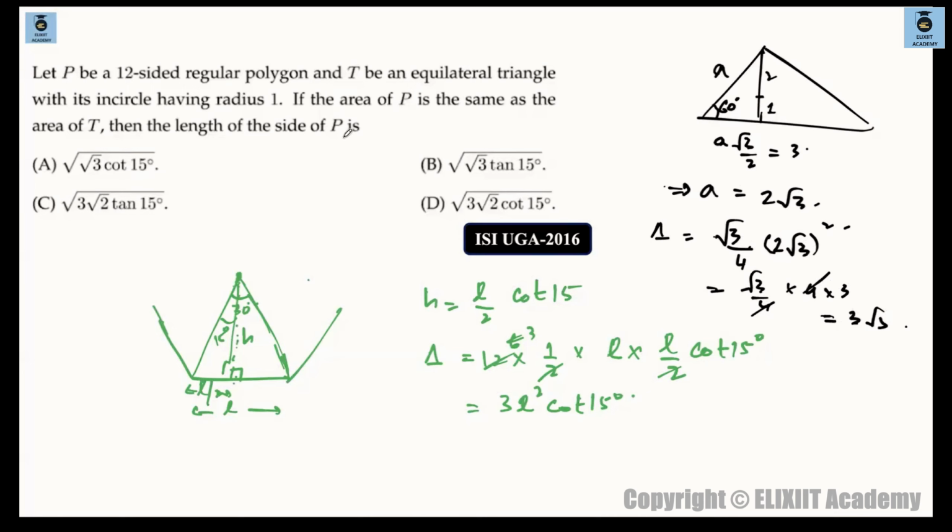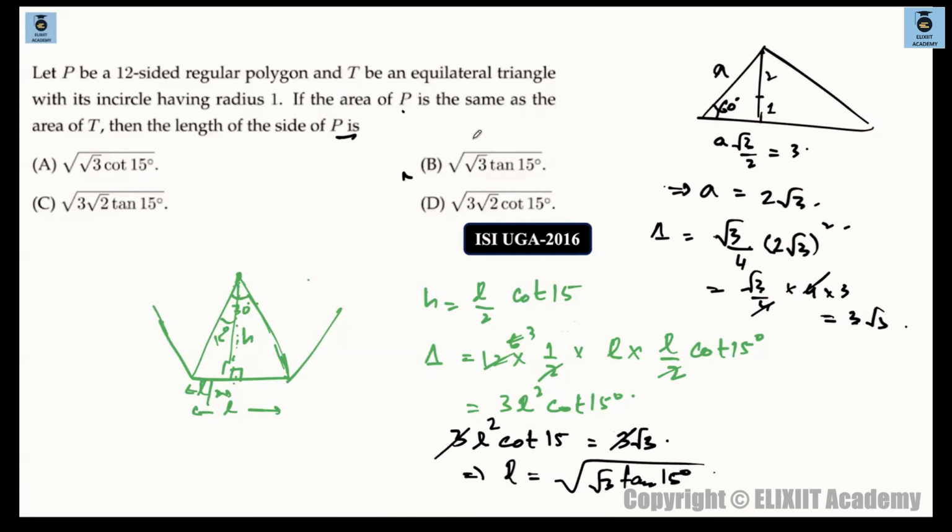They have asked to find the length of the side of P. The area of P and area of T are the same. So 3L square cot of 15 is equal to 3√3. So 3 and 3 cancel out, and L will be the square root of √3 times tan of 15 degrees. So option B is correct.